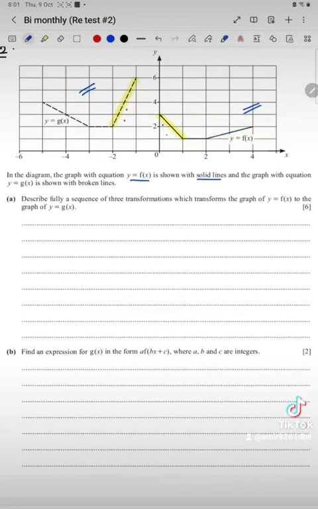The first thing is a kind of reflection. Reflection has also taken place along the y-axis, because this is the y-axis, right? This line comes here, and then one box here, and the reflection of this along the y-axis will be this.